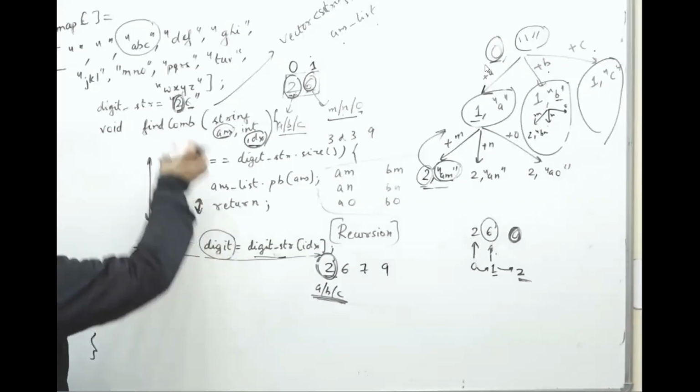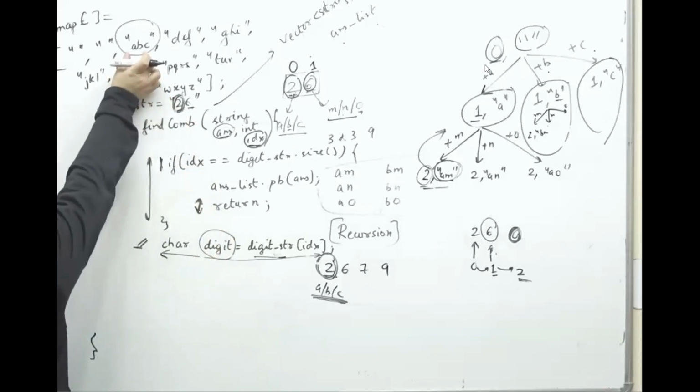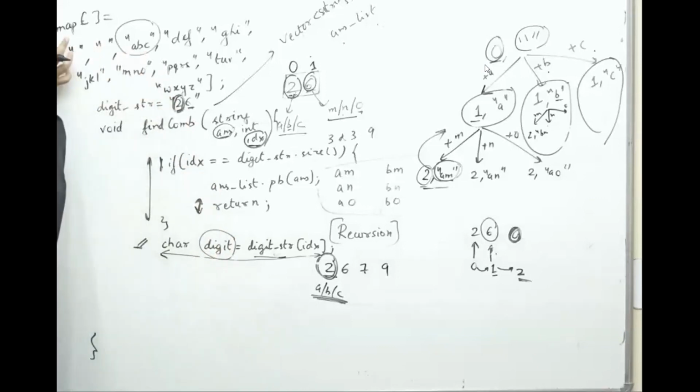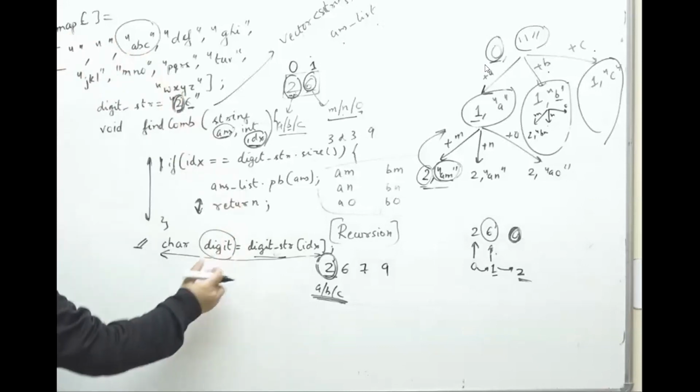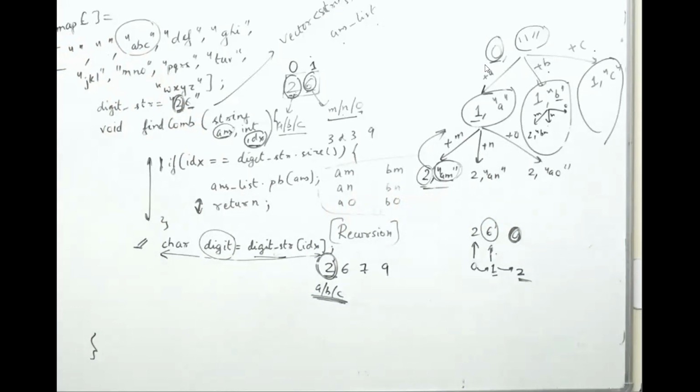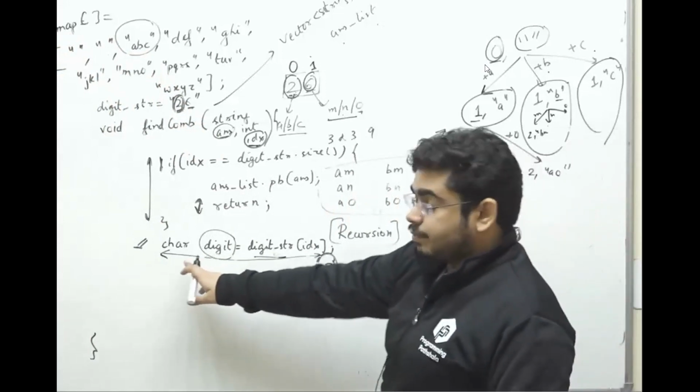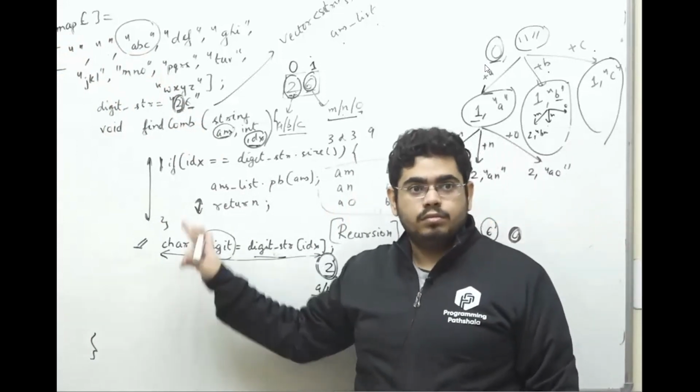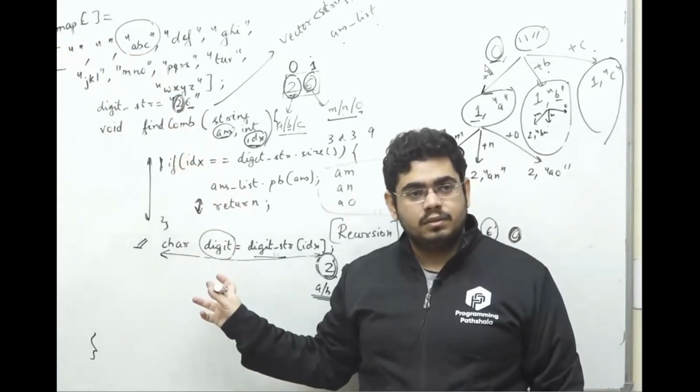Now what will we do? We need to extract out what all we can replace it with. So I will do digit map of digit. Can I do digit map of digit? Why do you think I can't do that? Digit is a character. If I do digit map of character, what will happen?